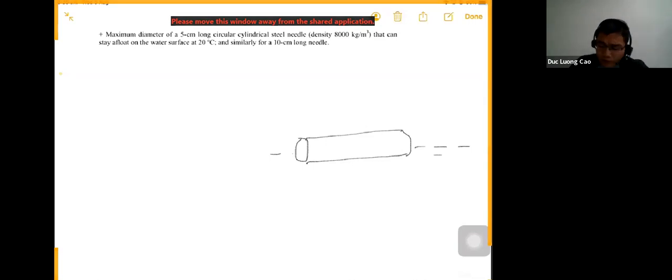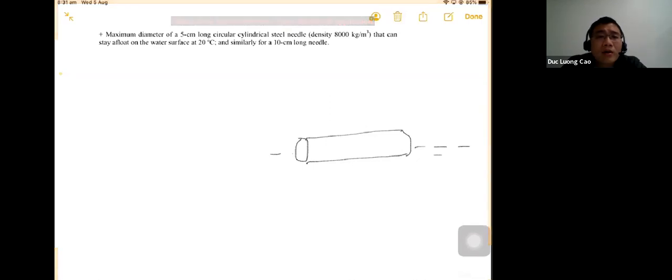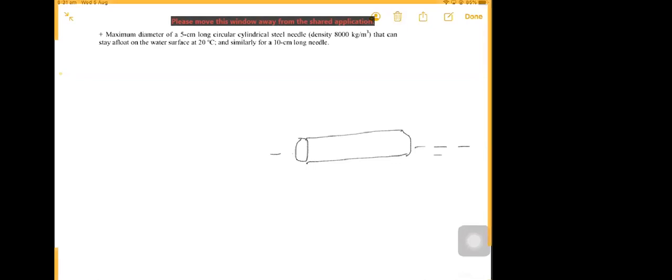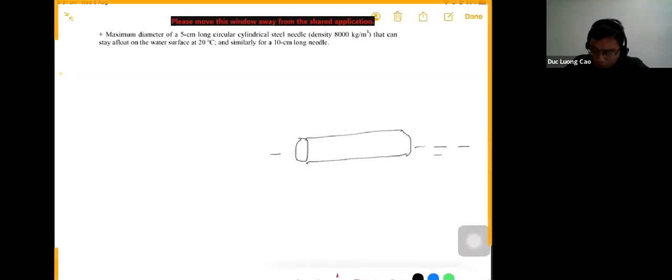Okay, how many forces apply to this needle? When you have a needle afloat on water surface, how many forces apply? Two forces. Yeah. Weight of the needle. And this one afloat, it means we have to have an upward force.